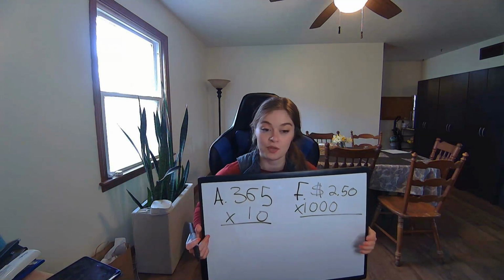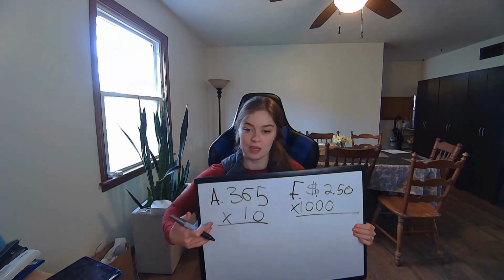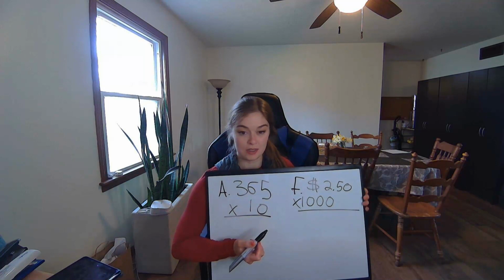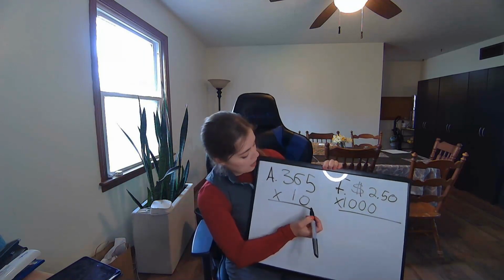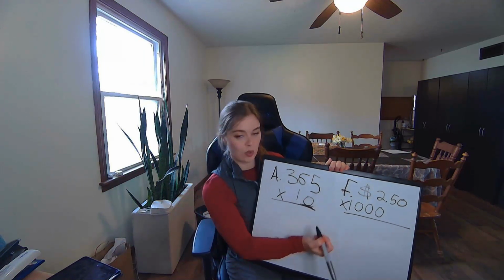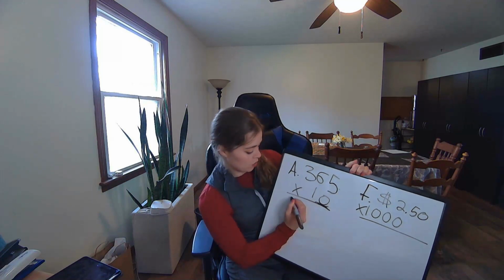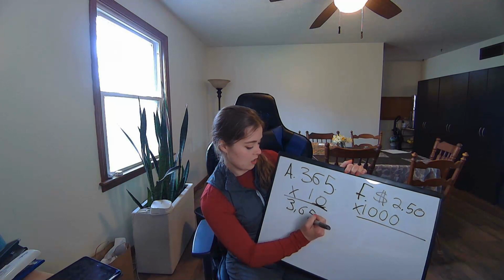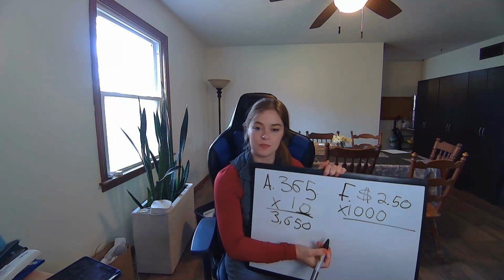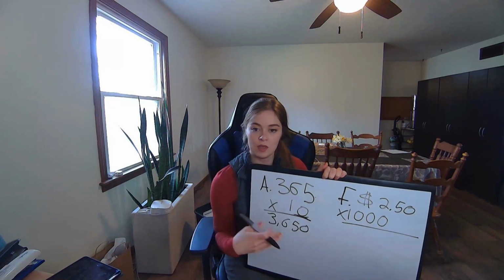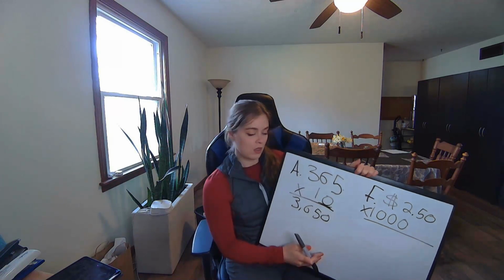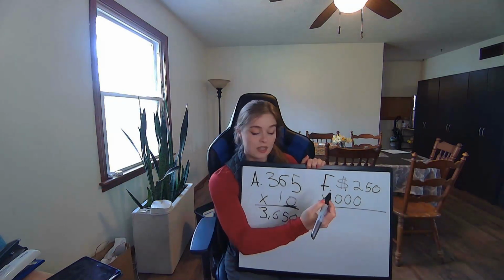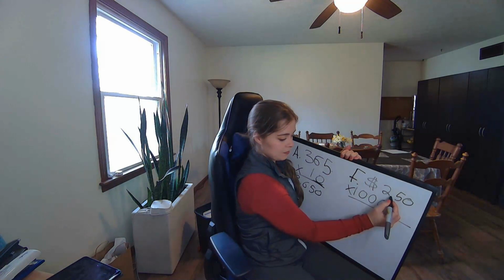Okay, let's go over your answers for A and F. So A is really easy, because how many zeros does 10 have? It has 1. So we're going to add 1 zero onto this top number, which would give us 3,650. Now let's check F. So we're dealing with money, so we've got to watch that decimal there, right?